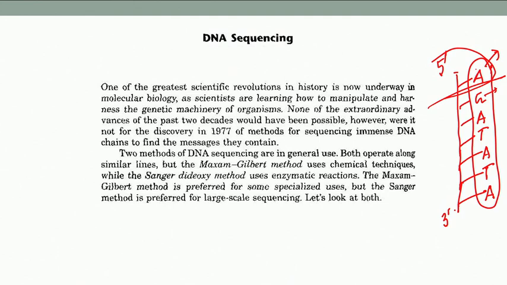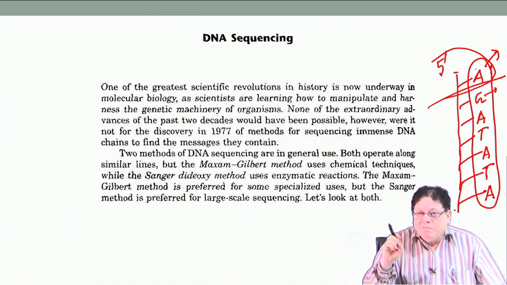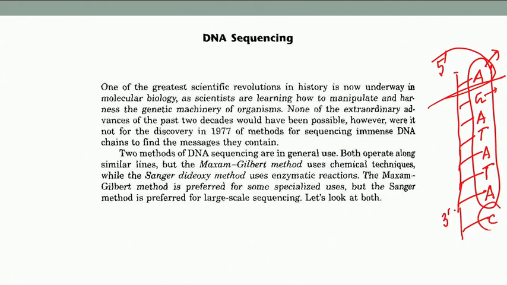Okay. So, the problem is how to find very selective reagents which will cleave at either A or G or C or T. So, that was the challenge, how to do that.